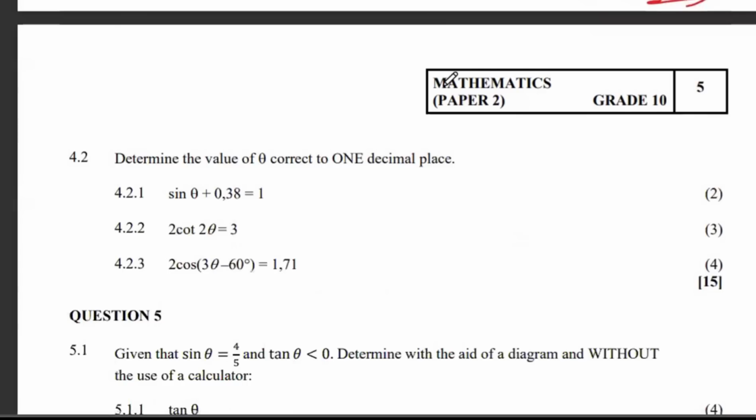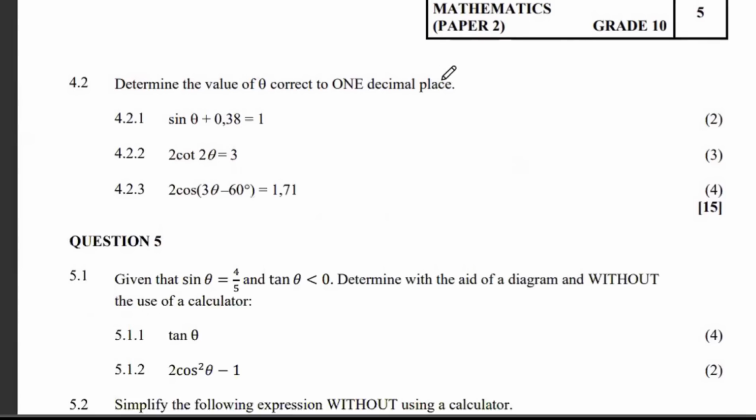Then 4.2, they want us to determine the value. Now we are solving trig equations. When you're solving such equations, just make sure all the numbers are on the other side and the trig ratios are isolated. So 4.2.1, I'm going to move this one to that side so that the sine theta is on its own.